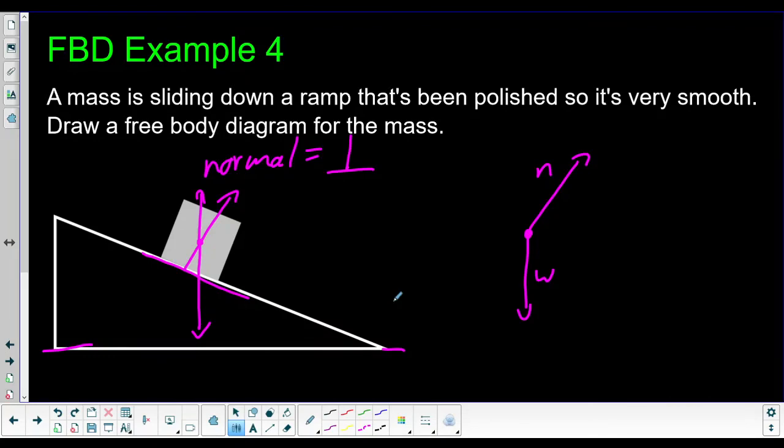Okay. Should we put friction on here? Let's read the problem and explain why we wouldn't. A mass is sliding down the ramp that's been polished very smooth. Friction is because of rough surfaces. If you took a magnifying glass, what do magnifying glasses look like?